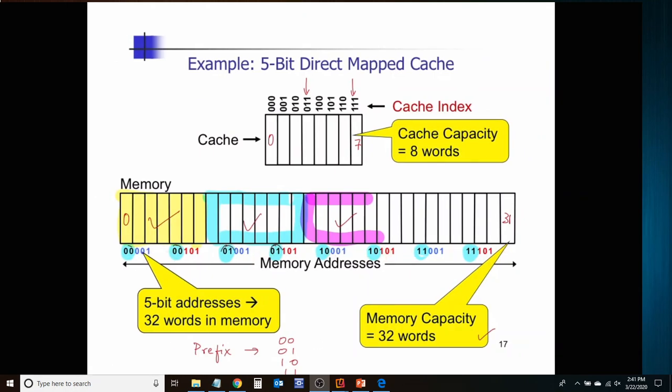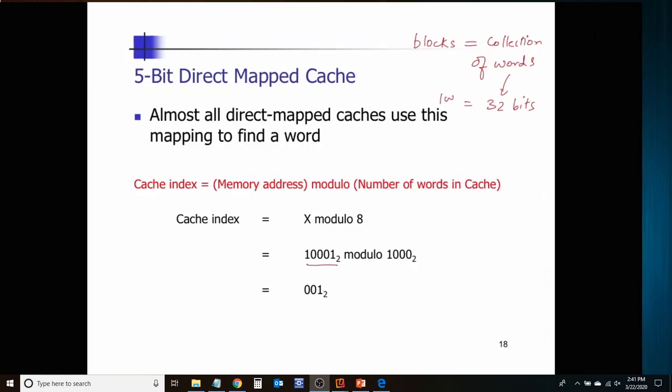Right now we are focusing on this one. So we have 10001, which corresponds to 17 in decimal, and this is 8 in decimal. So if you divide 17 by 8, the remainder would come out to be a 1, and that's going to be the cache index for that particular memory address.